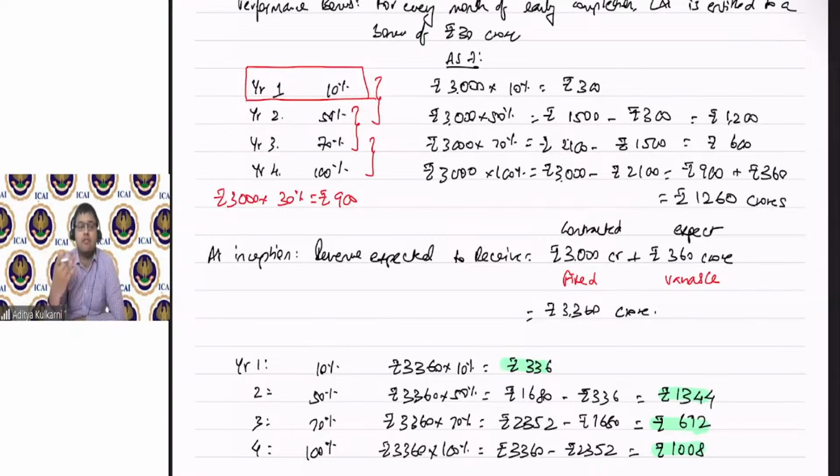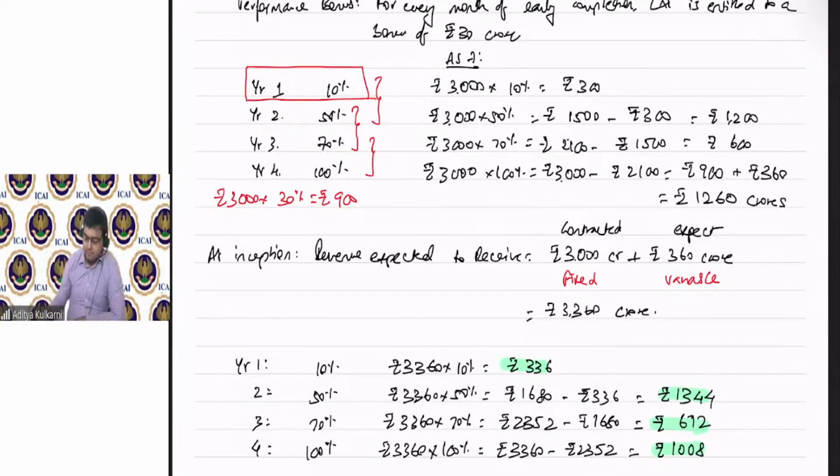A company has to follow accrual basis of accounting. That is fundamental. Then, in year 4, have you followed accrual basis of accounting? For the bonus, is the entity following accrual basis or cash basis of accounting?